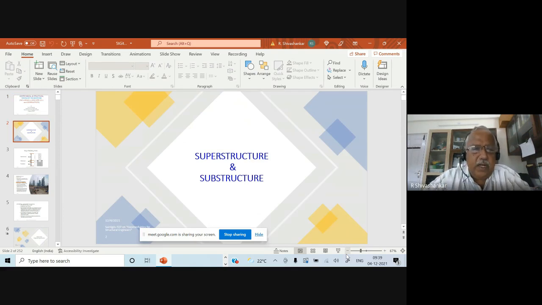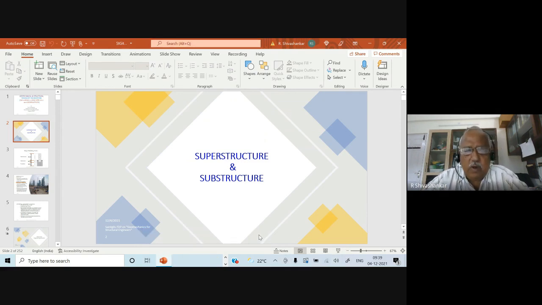In civil engineering, if you are looking from the point of view of building, a multi-storied building, or any structure for that matter, there are two components. One that you see above the ground, which you call superstructure, and the other part, which is below, which is called the substructure.